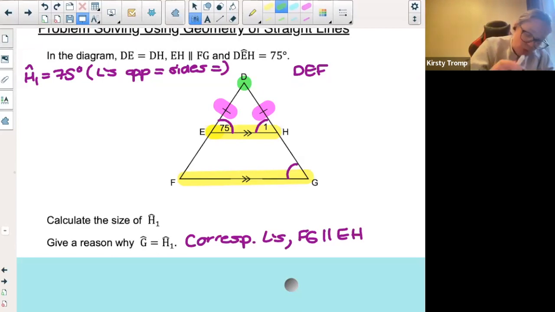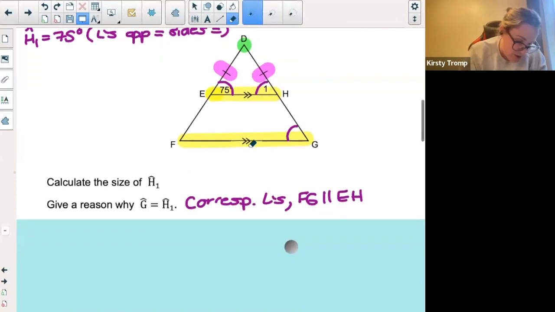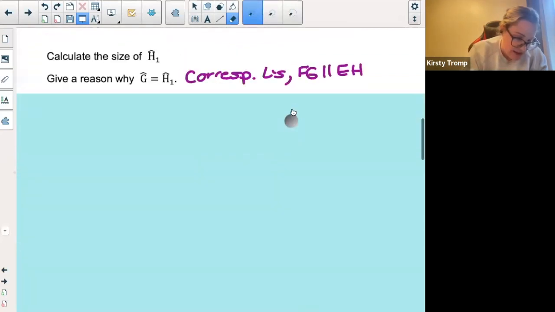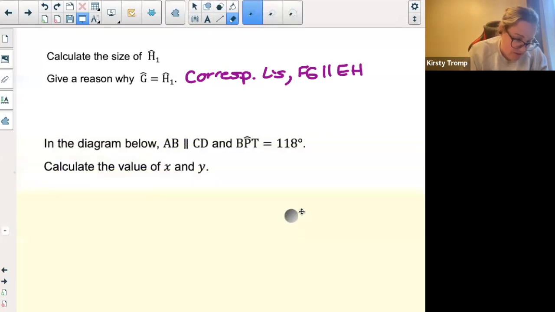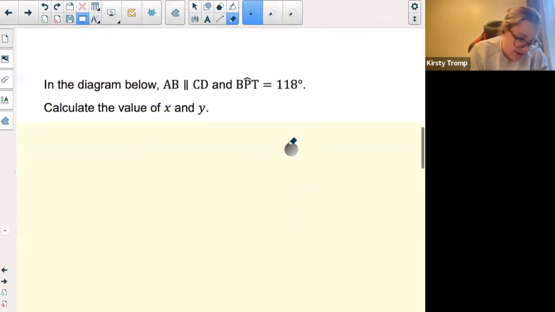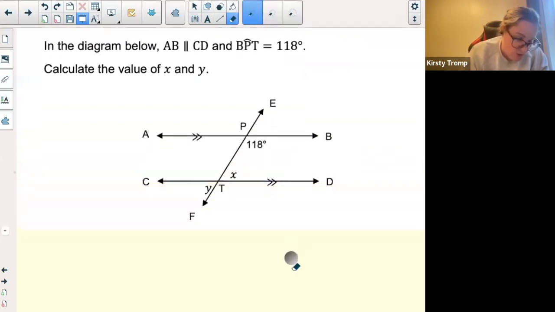Okay, we are moving on to our next question. Again, remember, a good idea to maybe take a screenshot and then also draw it very quickly. So let's have a look at our next question. This one, it's already given us the question, which I don't like to read first.